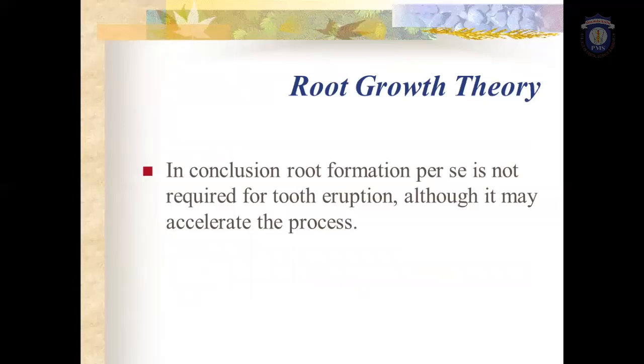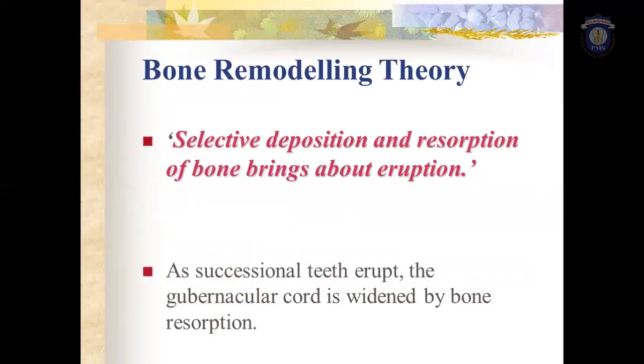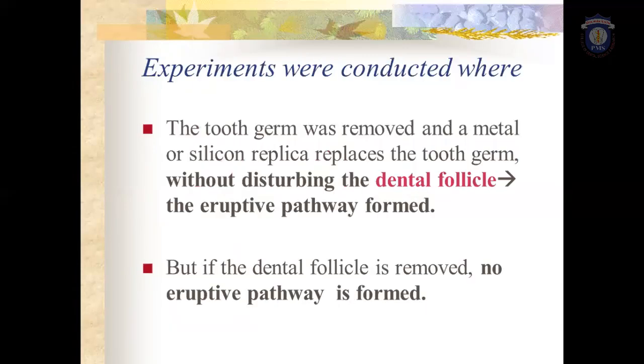In conclusion, the root formation per se is not required for tooth eruption, although it can accelerate the process of eruption. The next theory is the bone remodeling theory, where selective deposition and resorption of bone brings about eruption. In this theory, the main player is the dental follicle.